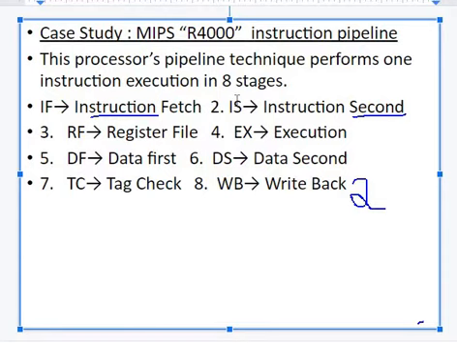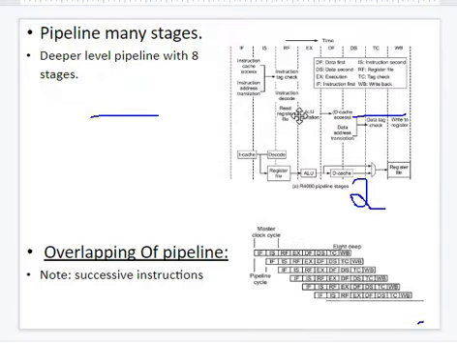Now how is the architecture of this? This is one case study: the architecture of the MIPS R4000 processor. It will collect data, then the second data is also collected.